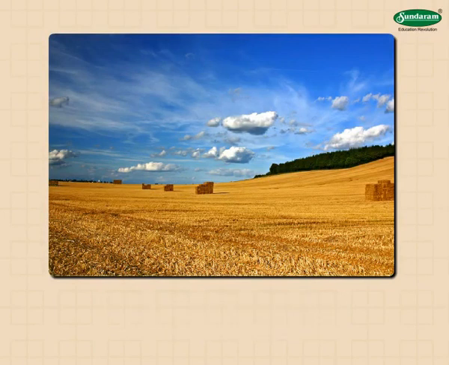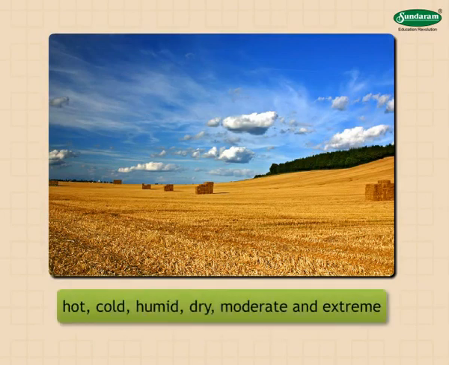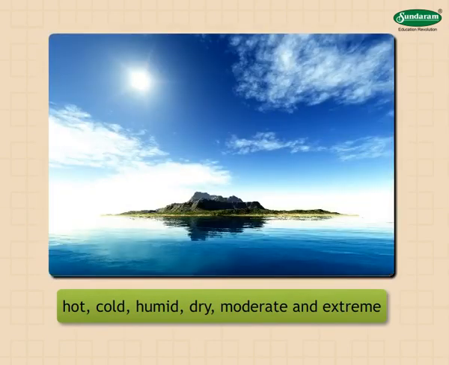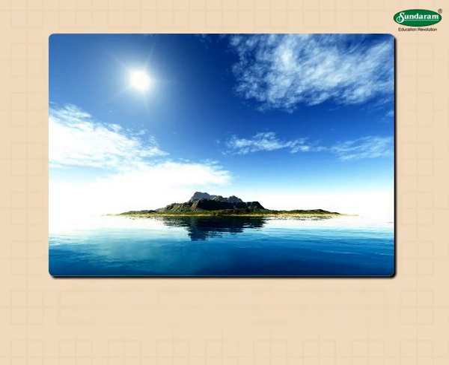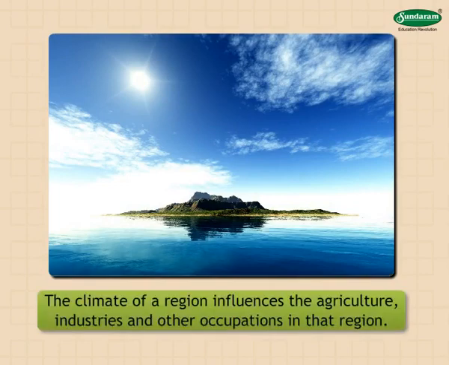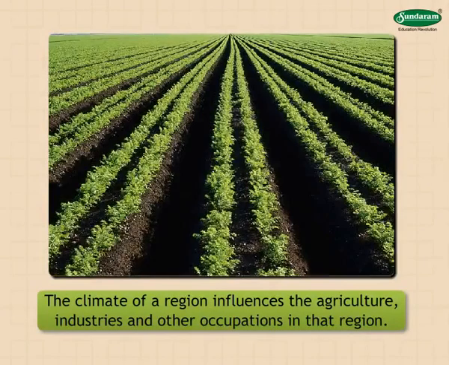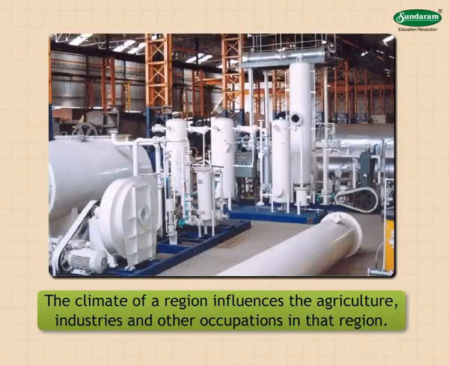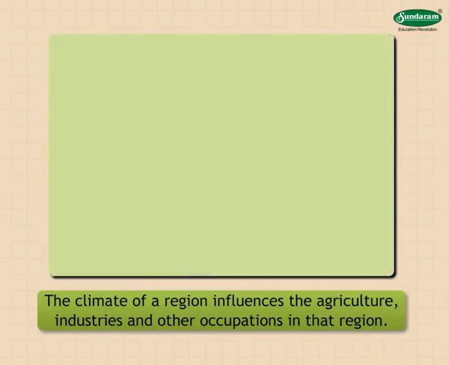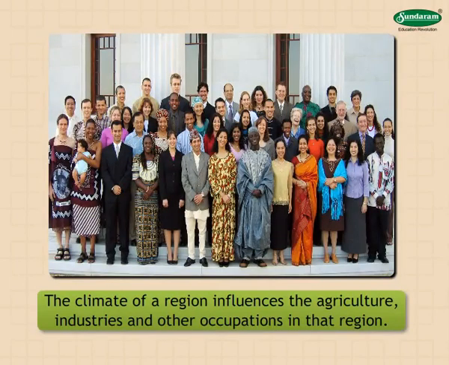Words like hot, cold, humid, dry, moderate, and extreme are used to describe the climate. The climate of a region influences the agriculture, industries, and other occupations in that region. Human life and the life of other living things too is influenced by the climate.